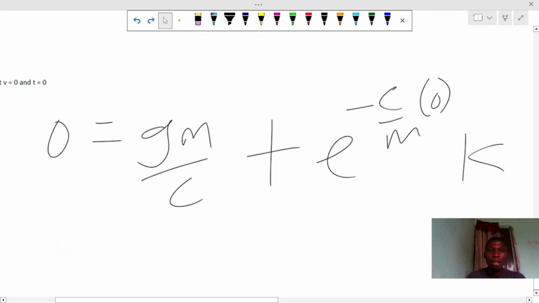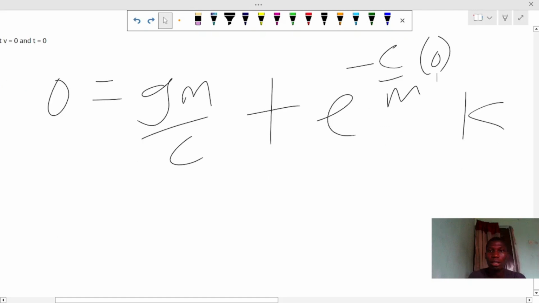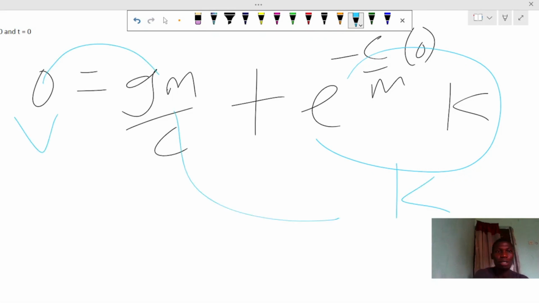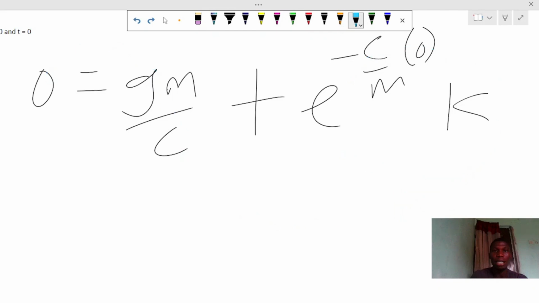This will now leave us with this plus k. Then we'll move this to the other side to give us negative all this equals the value of k. So we can just write k equals negative gm over c.